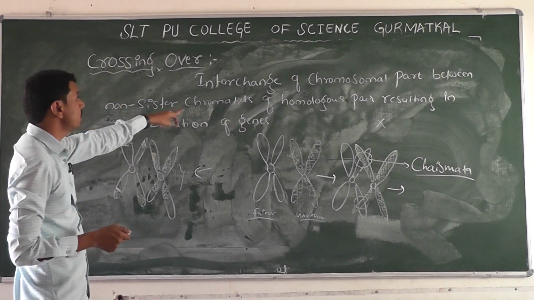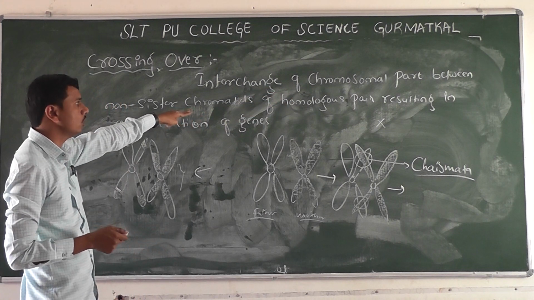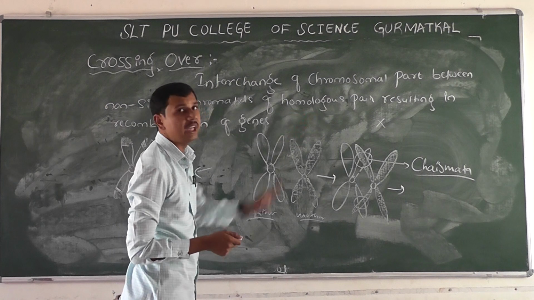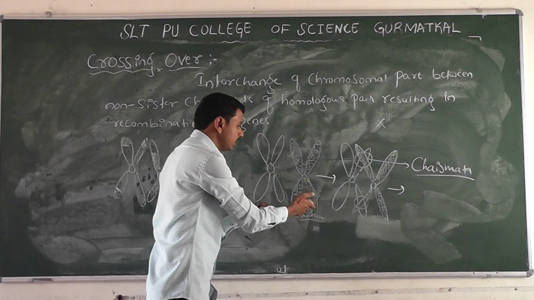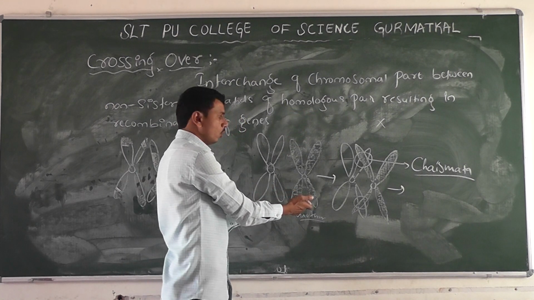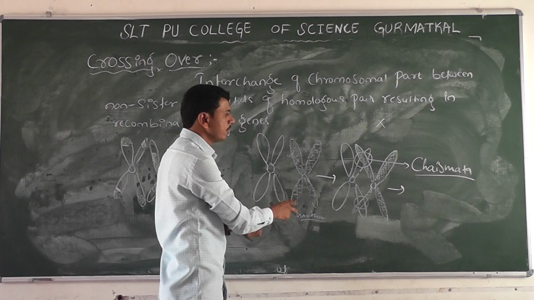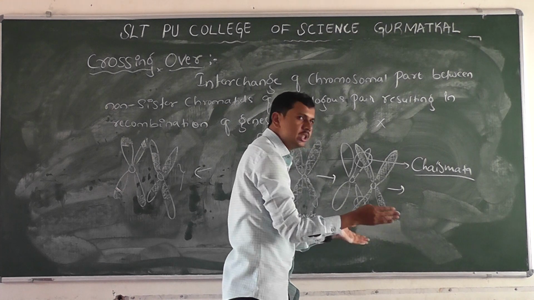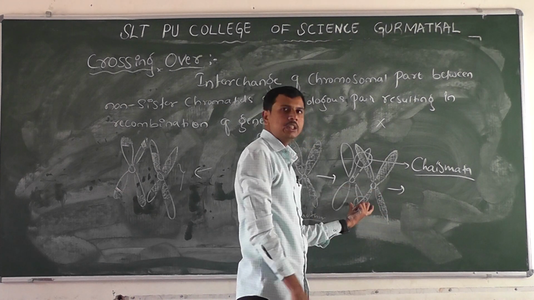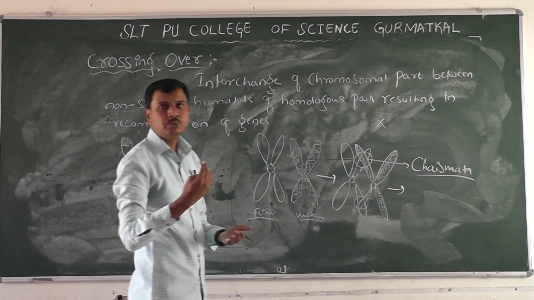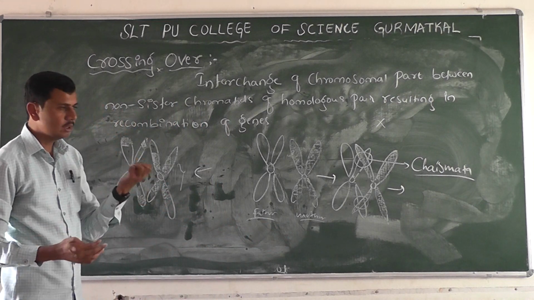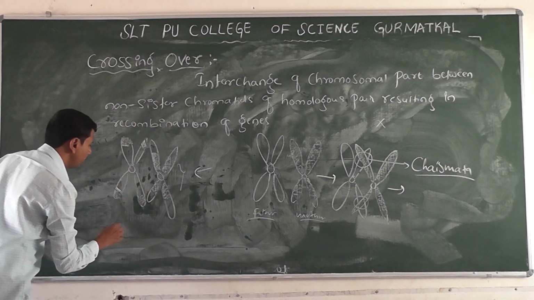We will see once again: interchange of chromosomal parts between non-sister chromatids, which are the chromosomes of a homologous pair. These two are the non-sister chromosomes, which we call a homologous pair. They interchange genetic material, and at the end of meiosis 2 the resulting chromosomes will be like this.